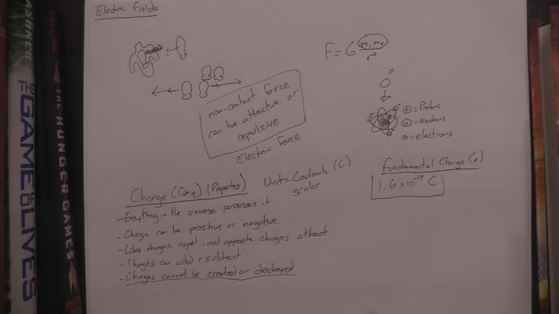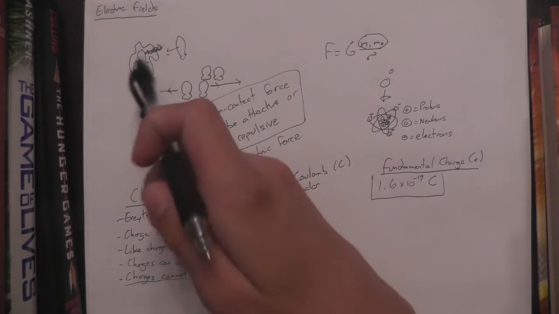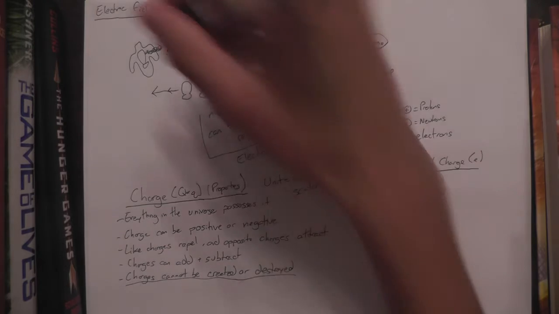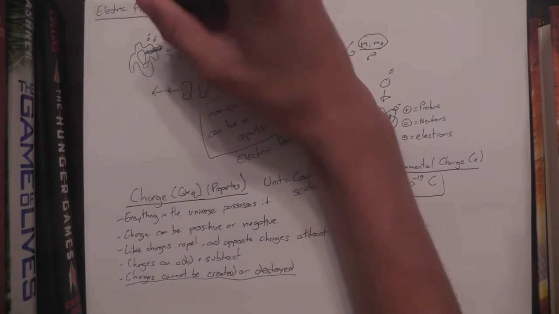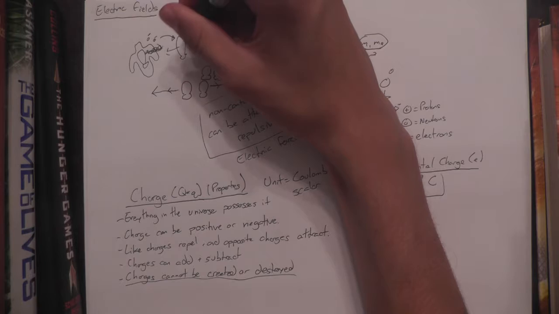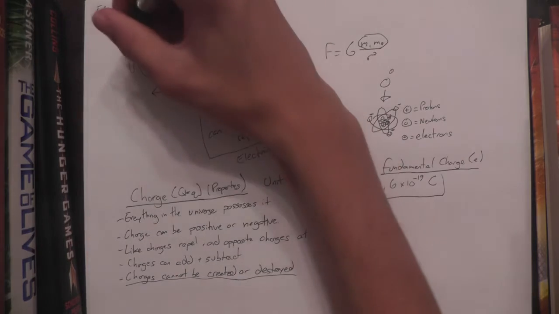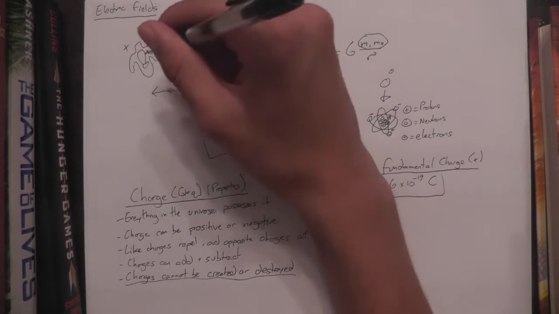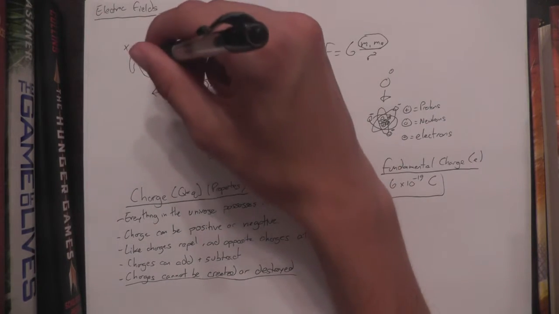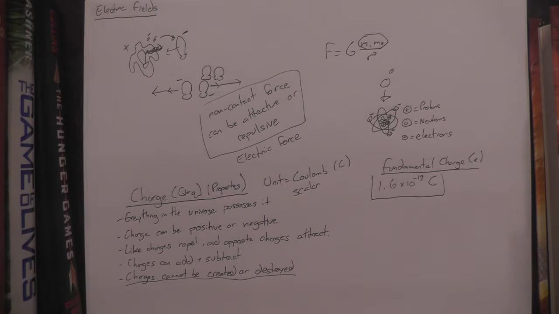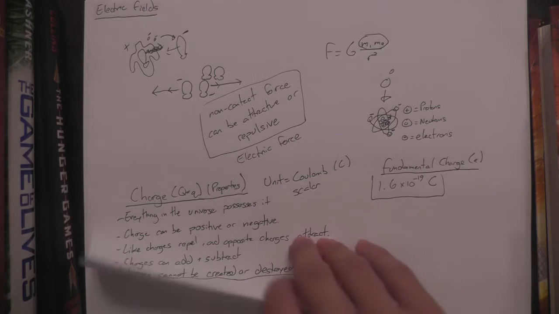So the whole reason that the electric force exists between the sweater and the balloon is because when you rub them together, a lot of the electrons decided to jump ship over to the balloon. The balloon, because it has more electrons than protons now, gained a negative charge, while the sweater, having more protons than electrons, gained a positive charge, which is why they attracted. And because you rubbed two balloons against the sweater, both the balloons were negative, which is why they repelled each other. And that's the basic idea behind the electric force.